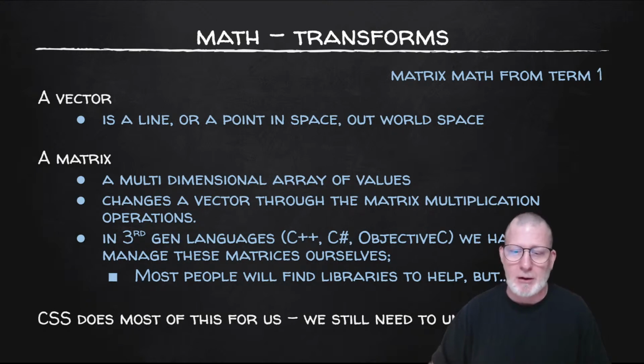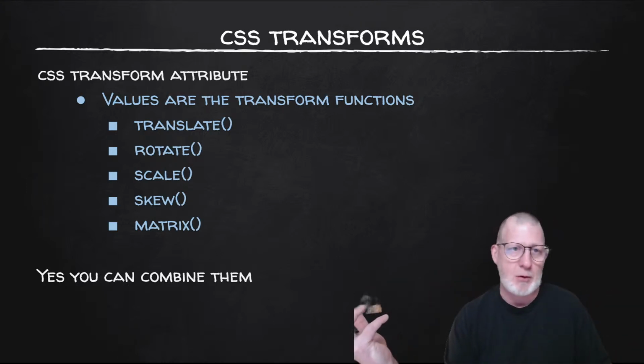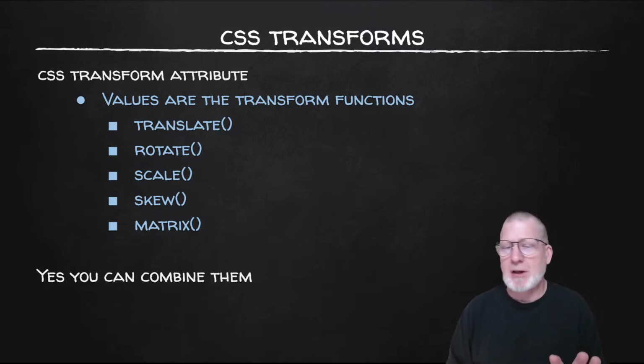Well, because sooner or later, you're going to have something on the screen that you want to transform from where it is now to where it is in the future. You want to change the way it appears or looks. And there's these 5 basic operations that we can do.